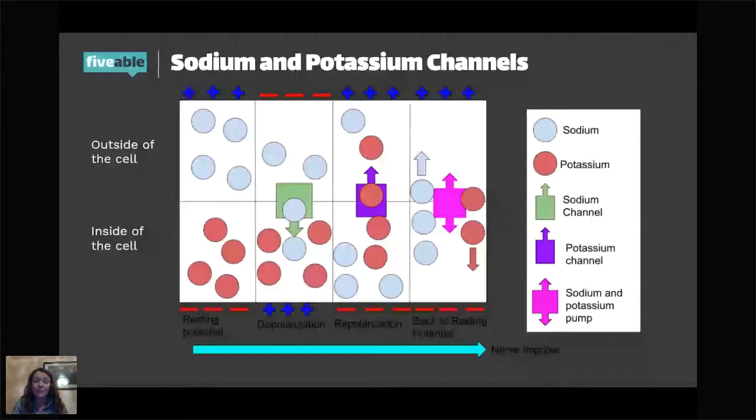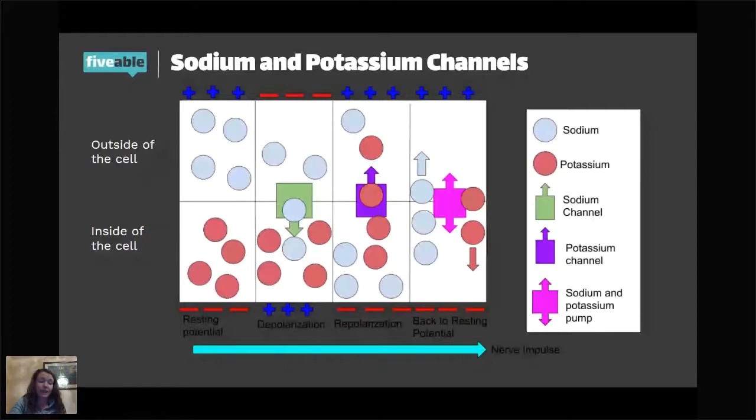Okay. So that is a very brief explanation of how our nerves work. This action potential is incredibly important and will definitely be talked about later. But it's a really great example of the various types of transport and why they're used. If you think about it, if sodium and potassium weren't charged, right, we would not be able to form a concentration gradient like this, meaning we wouldn't be able to have this action potential because they would just go through the membrane any way they would like to, just like oxygen and carbon dioxide do, right?